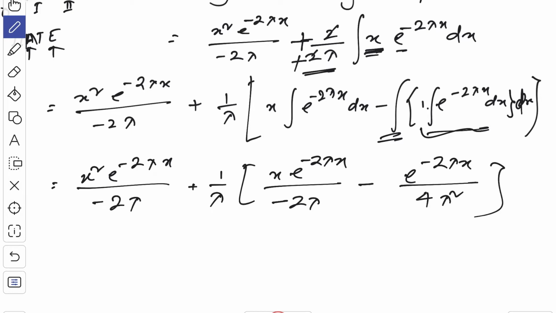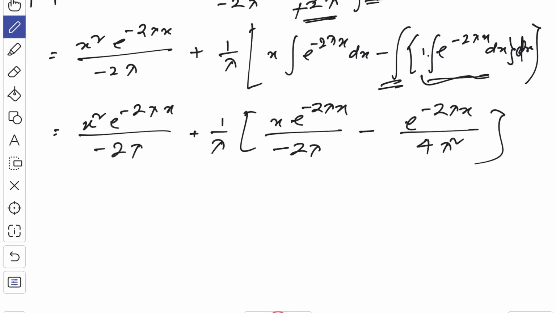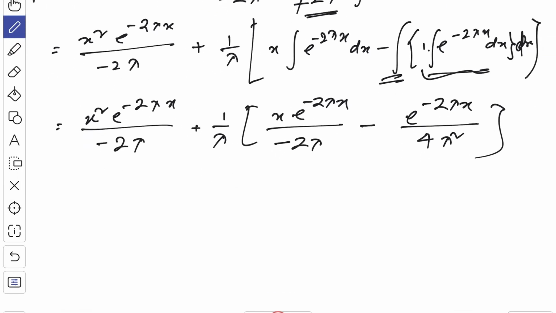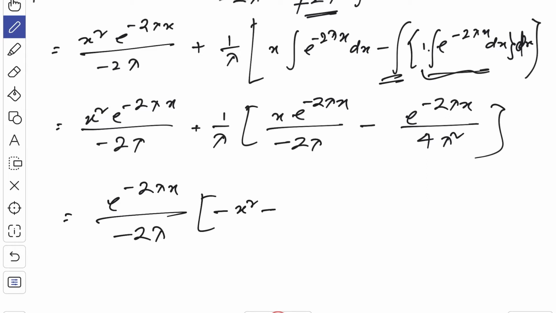Now if you simplify this, here you see we can take common e to the power minus 2 lambda x by minus 2 lambda, and then you will get minus x square minus x by lambda, then minus, I have multiplied this one with this, then 1 by 2 lambda square, and sorry, I have taken this one as positive. Okay, then what will you get?